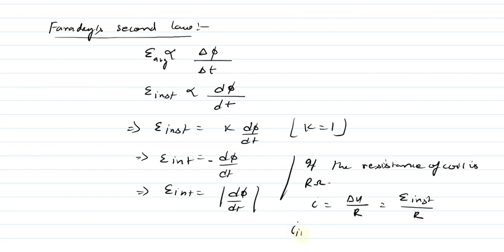So the instantaneous current will be equal to the induced EMF, d phi upon dt, times 1 upon R.